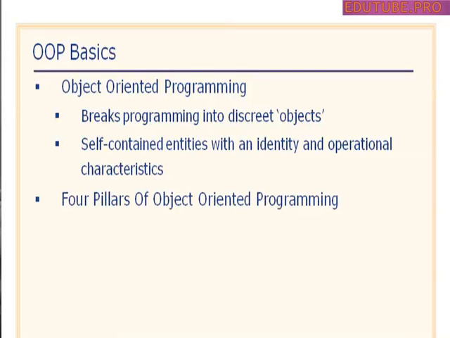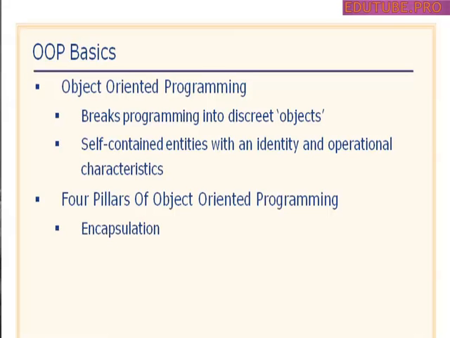Now, when we talk about object-oriented programming, I don't want to turn this into a college class or anything, but there are 4 pillars of object-oriented programming, and depending on which propeller head you talk to, and I use that term of endearment because I am one, some will say there's 3 pillars, some will say 4, and then there's always that one that says there's 23, and they just kind of blab on and on.